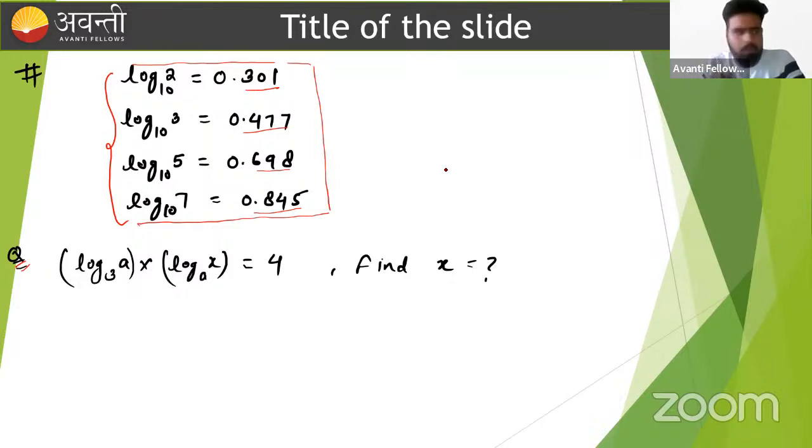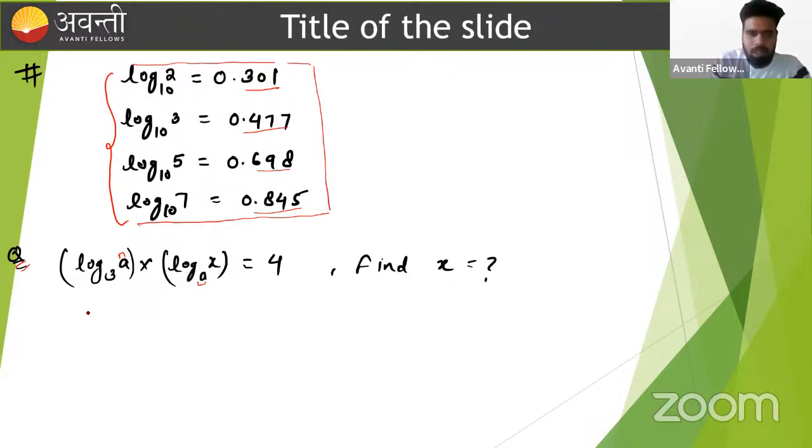First of all, whatever we learned in property number 5, here we see that log a is common; here log a is also given. What is the relationship in these two terms? Whatever is the input in the first term is the base in the second term. So we write down property number 5.